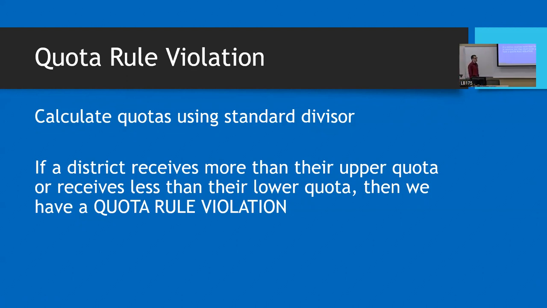And that's what happened to A. They received more than their upper quota with the standard divisor. You can also receive less than the lower quota with the standard divisor too. That's a quota rule violation as well.